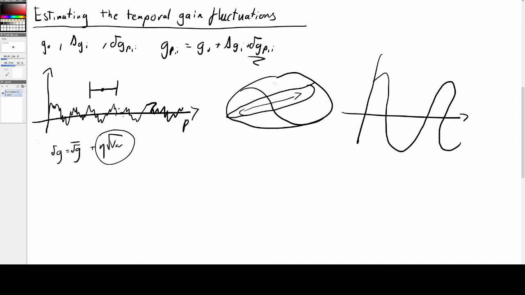But the scanning strategy of Planck was such that it could shift this direction, and sometimes it would lie along this axis instead. In that case, the fluctuations were a lot weaker, which means that the statistical power in those PIDs for estimating the gain is also a lot weaker.